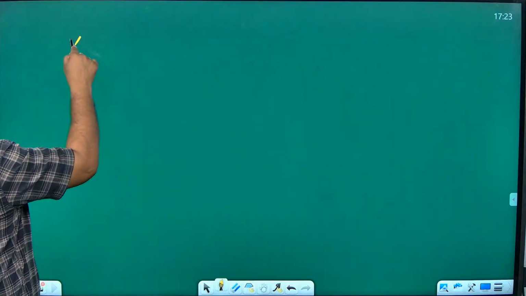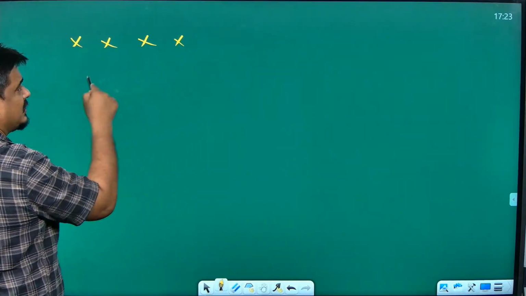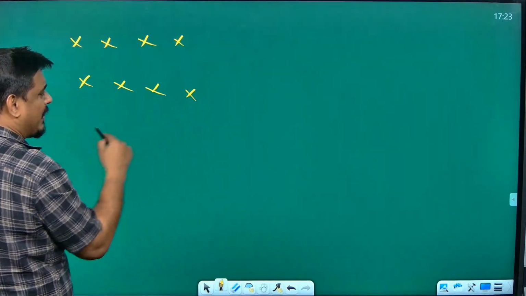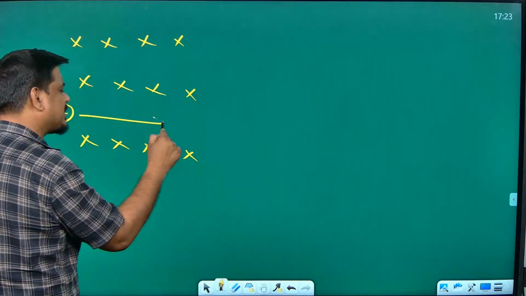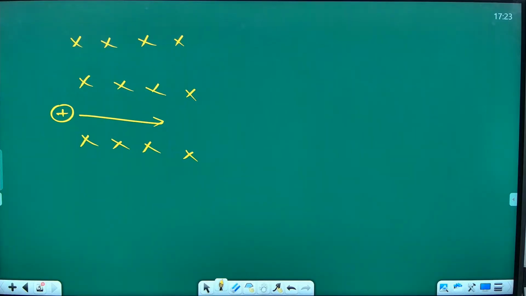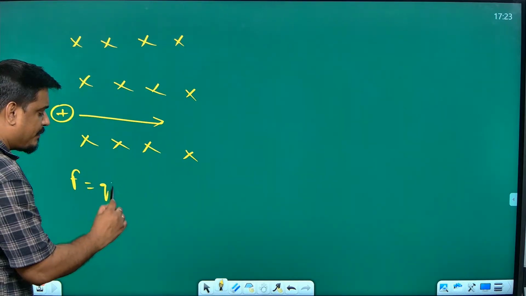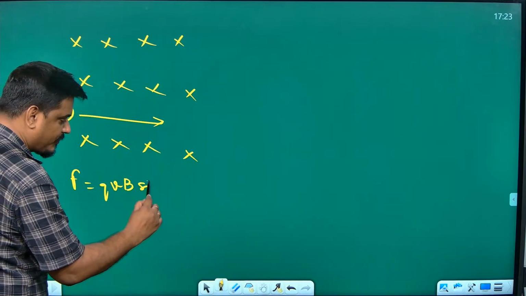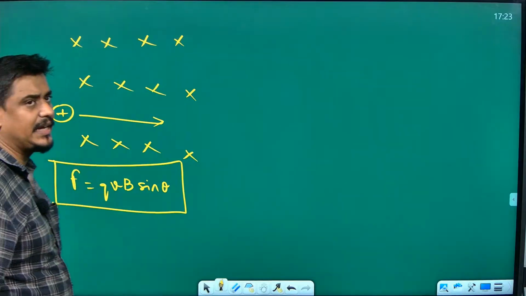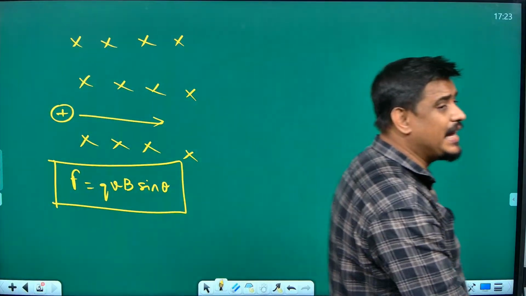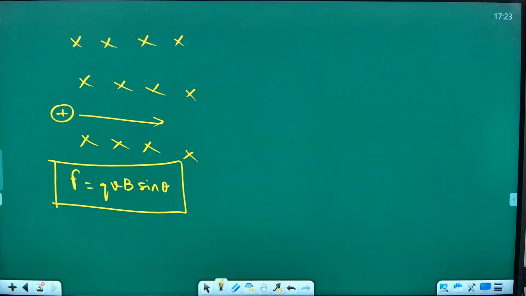So if you have an existing magnetic field, and only if you have a moving charge in the existing magnetic field, this moving charge will experience a force, and that force formula is q v B sin theta, Lorentz force, where theta is the angle made between its velocity and the magnetic field.